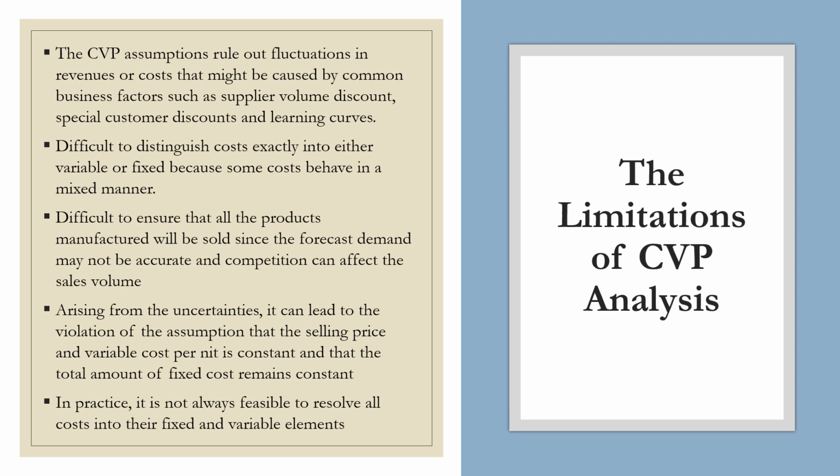Okay, and then uncertainty can lead to assumption violations. Due to uncertainties in the business environment, it is possible for the assumptions of a constant selling price, constant variable cost per unit, and constant total cost to be violated.